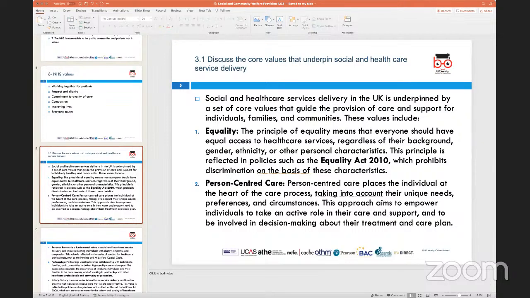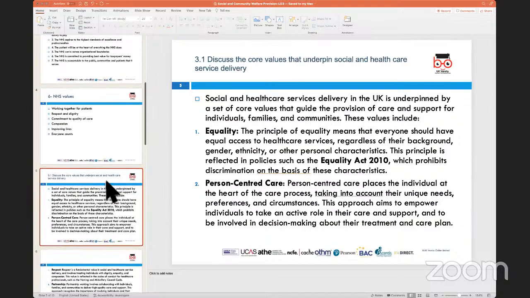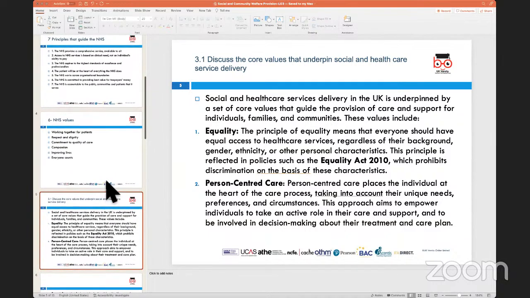Now, the use of this act closely reflects the principles of the NHS. One of the principles is that the patient is at the heart of everything, and the other is that the NHS provides services to everyone without any differentiation.